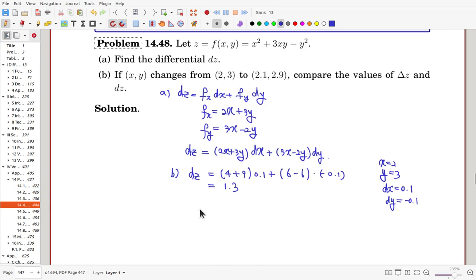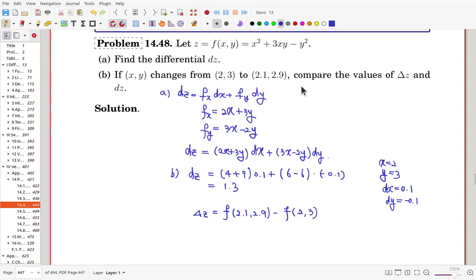Now, if you want to get delta z, the real change on the surface, that's the same as f at the last point, which is 2.1 and 2.9, minus f at the beginning point, 2 and 3.